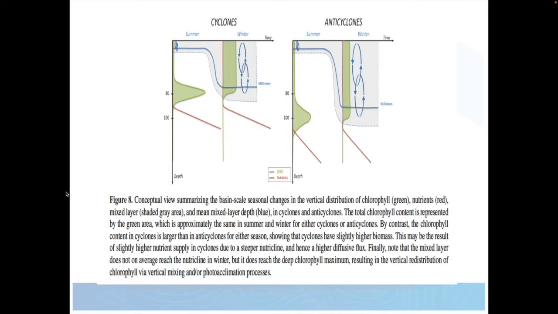So even though there is some deepening, the extension of the mixed layer doesn't reach the nutricline, and it's generally unable to introduce new nutrients into the euphotic zone. And so whenever you see high chlorophyll concentrations during winter, it's not necessarily new production, but rather that you are mixing the subsurface chlorophyll maximum that is shown in these green bumps that you see over there.